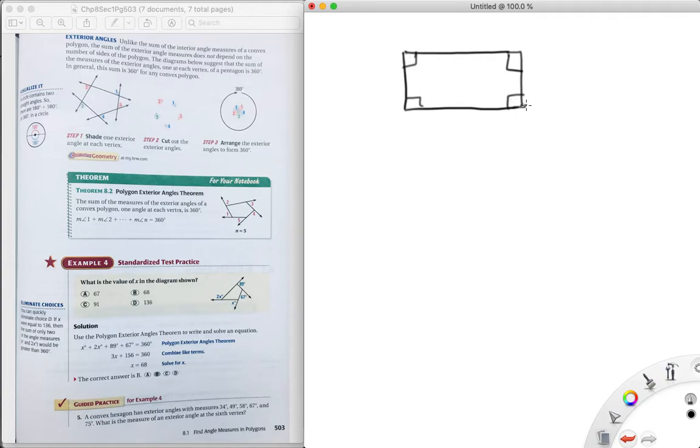And let's say this rectangle forms linear pairs with the angles outside. So this is an exterior angle, and it forms a linear pair. This one is 90 degrees. I have another exterior angle this way that forms 90 degrees, forming a linear pair with that angle. And by the way, each one has 2 linear pairs, so I could go this way too if I wanted to.